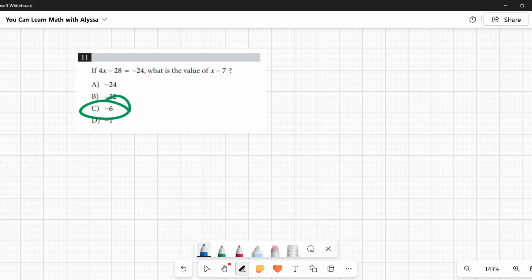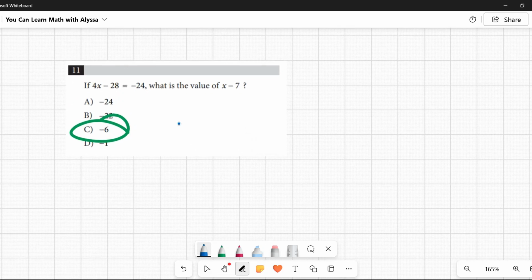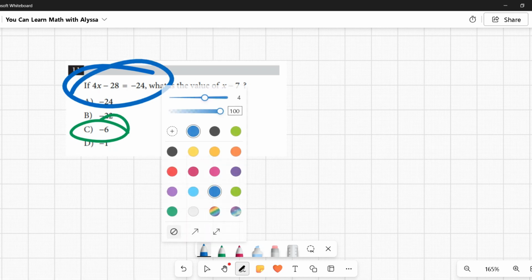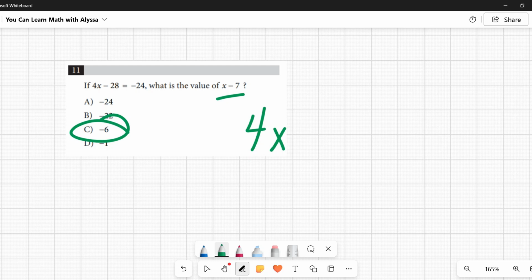They won't say x minus 7. Anytime it's something odd like that, I always look at my original equation and see if there is a way I could manipulate it to make it turn into the x minus 7.